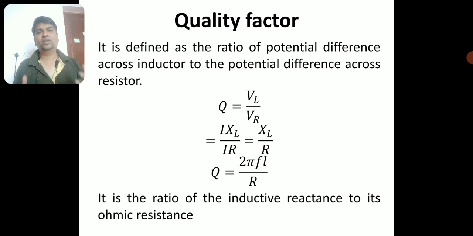So finally, quality factor is a measure of sharpness of the curve, and that sharpness was decided by the value of resistance, and the resonant frequency FR, which is equal to 1 over 2 pi into root LC, is decided by the value of the inductor and the capacitor in the series LCR circuit, and in any circuit for that matter, either series LCR or parallel LCR, the resonant frequency is decided by the value of inductor and the capacitor.